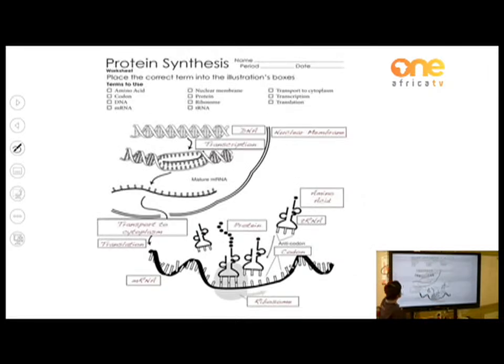So without wasting too much time, transcription, get the copy, but in a complementary form. And now moving out into the cytoplasm, we have translation where the anticodon attaches to the codon.